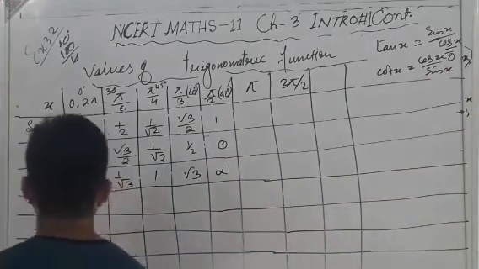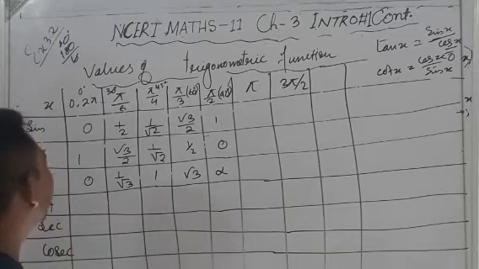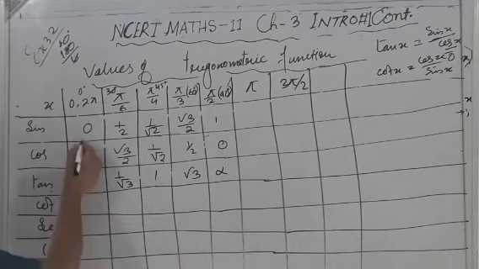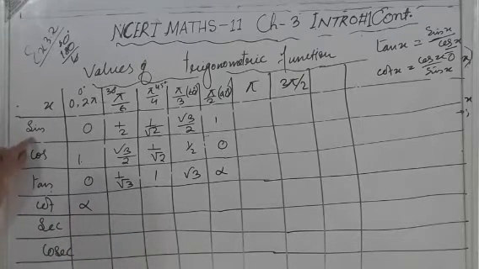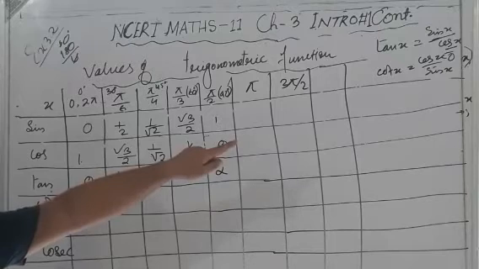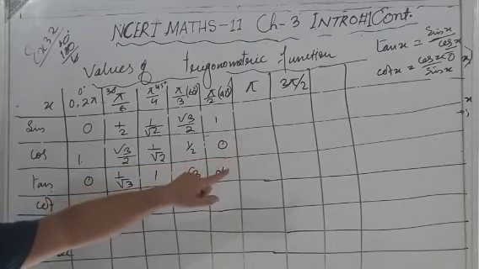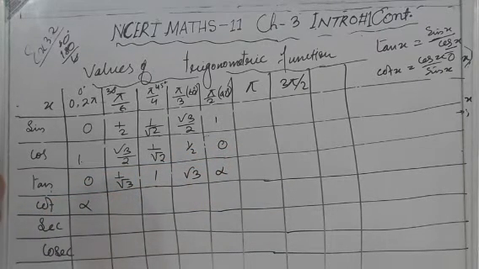Correct? So here cos x is 0 and sin x is 1, so cot x is not defined. Why not defined? Because sin will come down. So sin 0. So it is not defined.